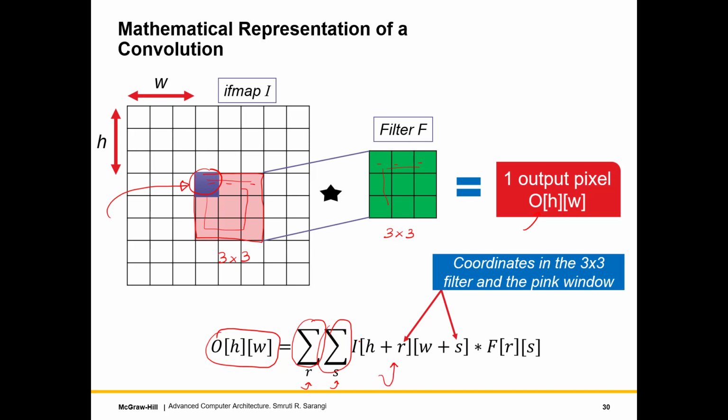I is the input feature map. We start at location HW and walk through all the elements.